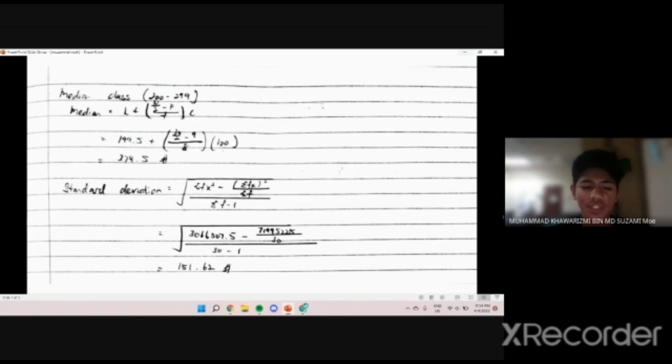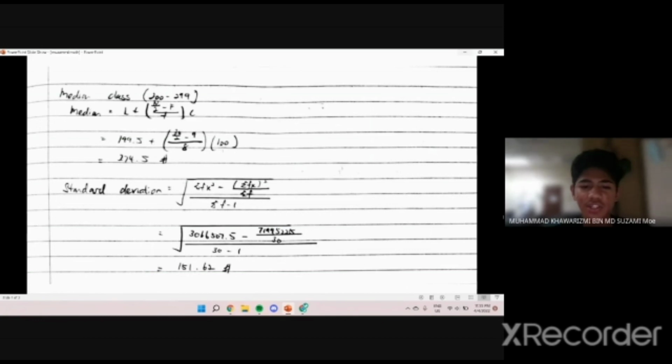So when we substitute the values, square root of 3,066,507.5 minus 71,995,225 over 30, divided by 30 minus 1. So we will get the answer 195.62. So that is how we get the median and also standard deviation.